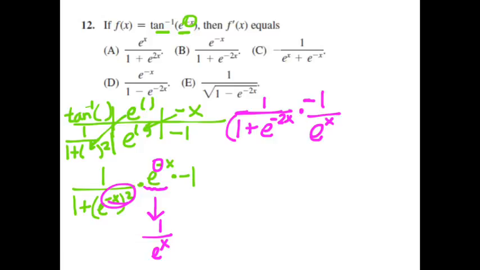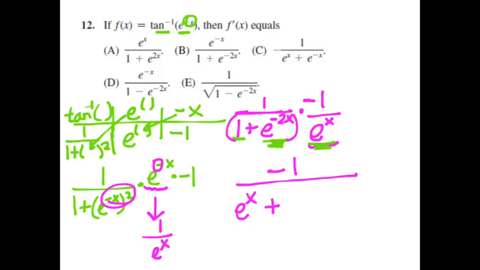So at this point, what we want to do is take this e to the x and multiply it times both terms in the denominator of the first rational expression. And I'm also going to multiply my numerators. 1 times negative 1 would be negative 1 over e to the x times 1 would be e to the x plus e to the x times e to the negative 2x.